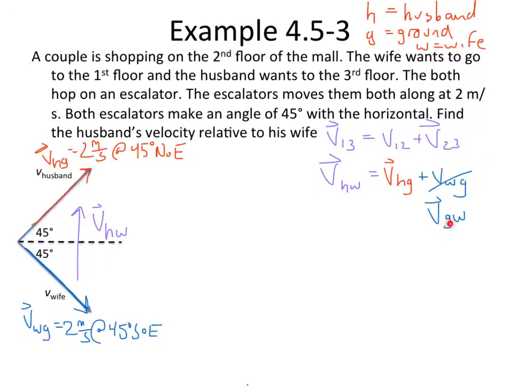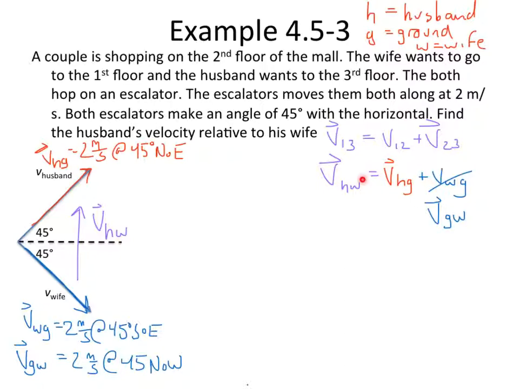So instead of the wife going down the escalator at 45 degrees south of east, we can say the velocity of the ground to the wife is going to be 2 meters per second at 45 degrees. The escalator, the ground is moving up that way. That's going to be north of west. North of west. And that's what we're going to have to use when we add that to our velocity of husband to ground to get the velocity of the husband to the wife. Okay?